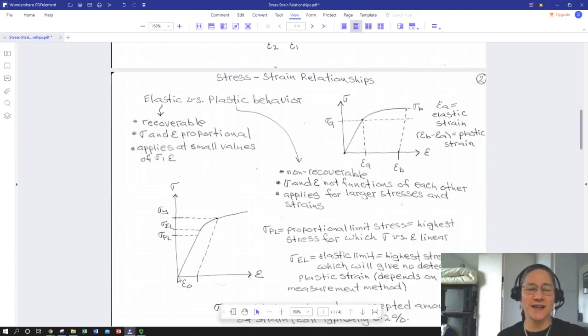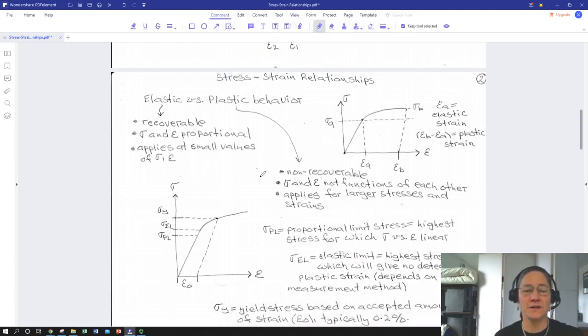So it's not just a straight line. It's a straight line through the origin. And most importantly, it applies at really, really small values. So in fact, one definition of yield is what's known as the 0.2% offset yield, and that's actually being shown here in this little figure.